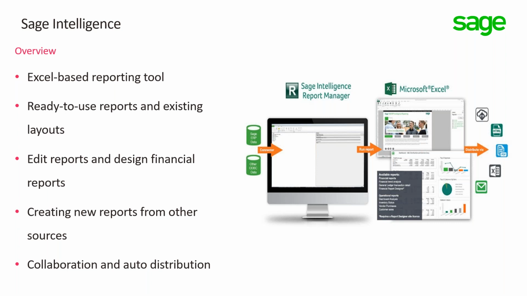So you can set it up so that a report goes to a certain group every specific day of the week. So auto distribution really enables that true collaboration so that everyone in your business is able to make decisions and to truly understand what's going on within their section of the company.